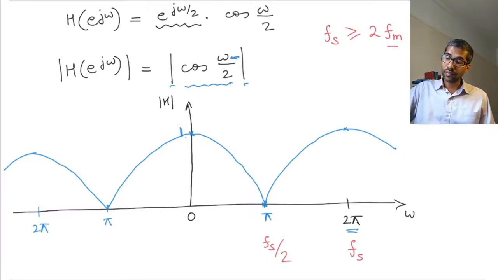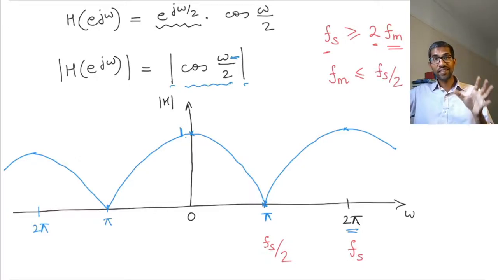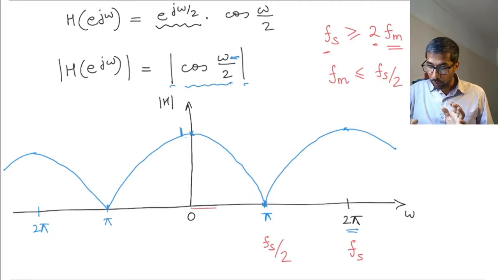So this is the maximum frequency, and fs has to be greater than or equal to twice of fm. So in other words, fm is less than or equal to fs by 2. So the signal has got frequencies only from 0 to pi, only from 0 to fs by 2. There is nothing in the signal from pi to 2 pi.